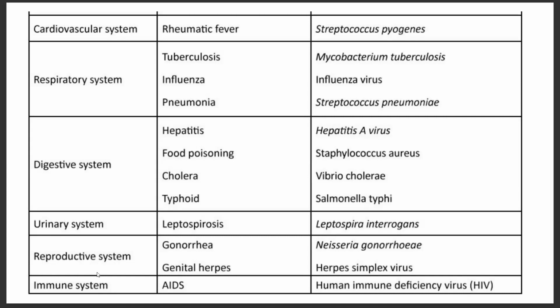So they are sexually transmitted diseases, and the affected organ is the reproductive system. Genital herpes, herpes simplex virus. And the next one, AIDS. You learn AIDS under sexually transmitted diseases, but it does not affect the reproductive system, it affects the immune system.